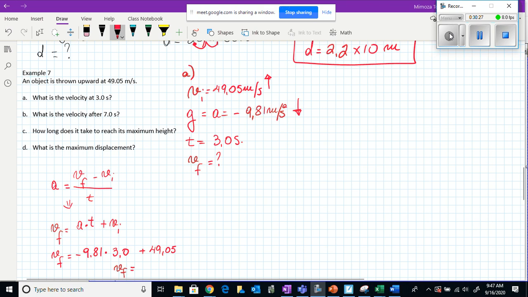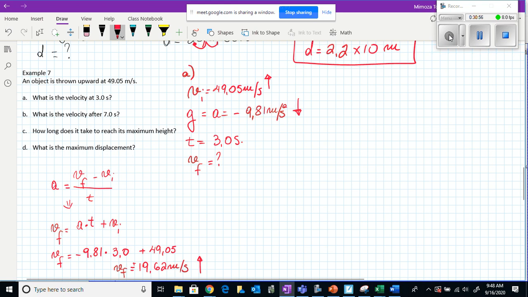Does it make sense? Okay, I'm glad that this answer was stated. So this will be, in your calculator, 19.62 meters per second, and it is going up or going down. Since it is positive, and we stated that positive is going up, this will be going up.